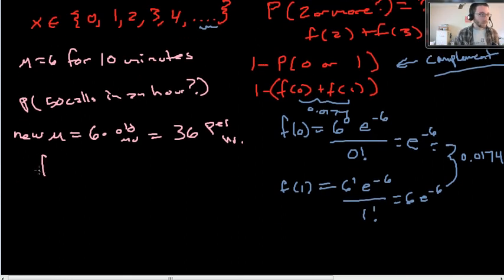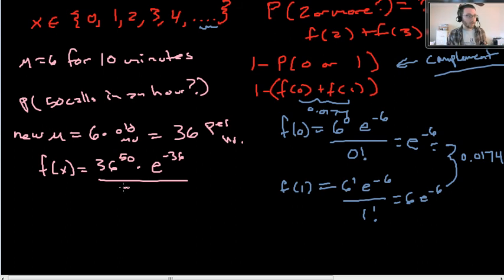Now we have a new function. F of x equals 36 to the 50th power times e to the negative 36th power, all divided by 50 factorial. Okay, I'm not going to crunch those numbers. You can do it with a powerful enough calculator, and I did it a while ago.